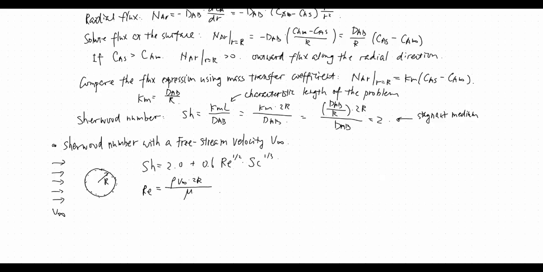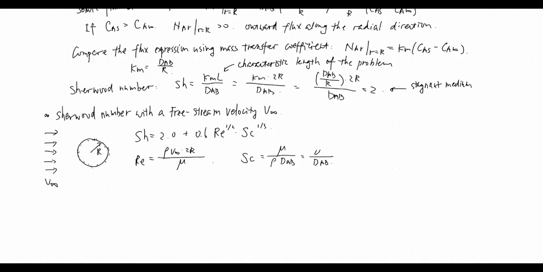Now this Sc, the Schmidt number, is defined by the dynamic viscosity of the medium divided by the density of the medium multiplied by DAB. It's the same as the kinematic viscosity of the medium divided by the diffusion coefficient of the medium. So this is called the Schmidt number.